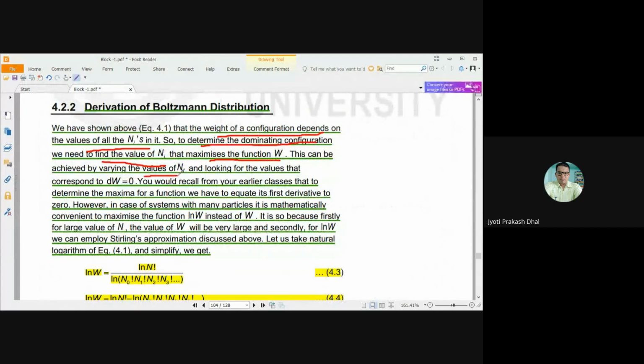So in order to determine the dominating configuration, that means which configuration has the highest population, we have to maximize the weight function W. This can be achieved by varying the values of ni and looking for the value that corresponds to dW equals 0.